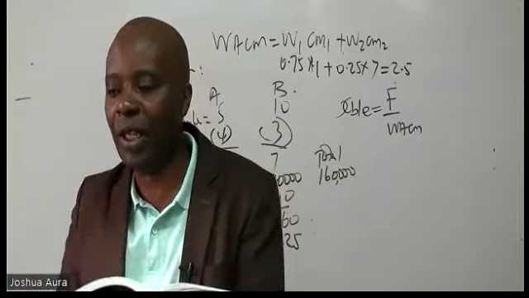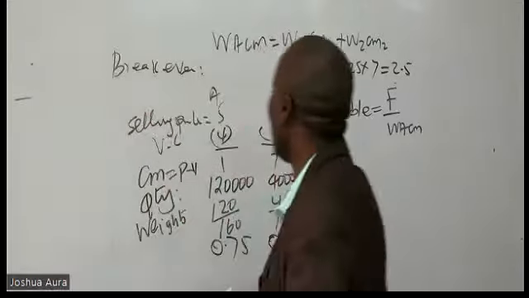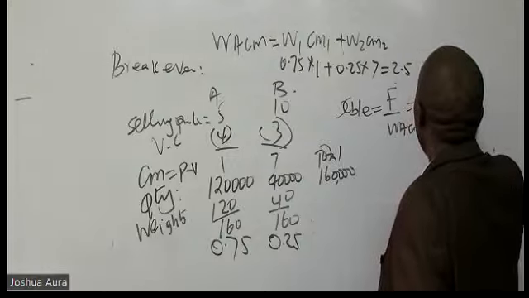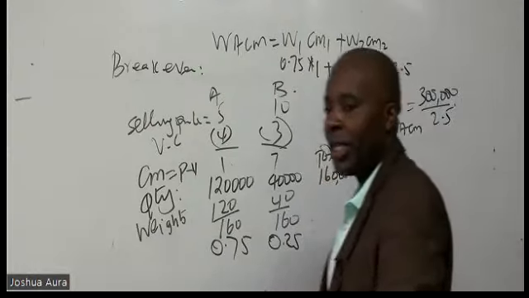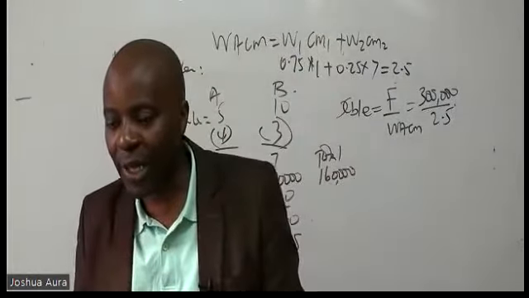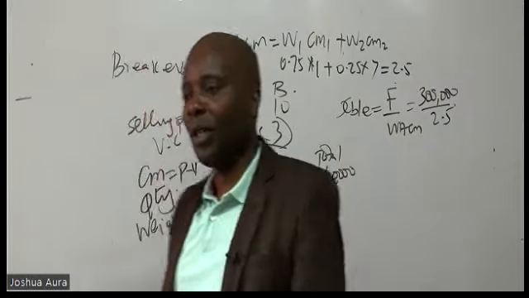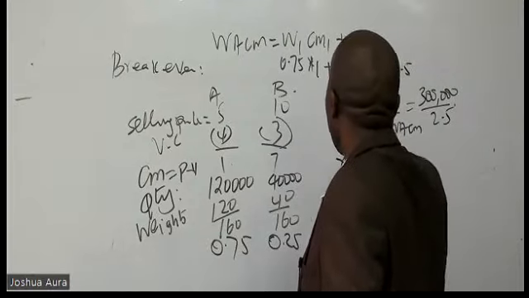From the table given there, the fixed cost is 300,000. Thank you very much. So this will be 300,000 divided by Wakim, which you gave me as 2.5. So this is X break-even. What do you get for X break-even now? X break-even is 120,000. Thank you so much.